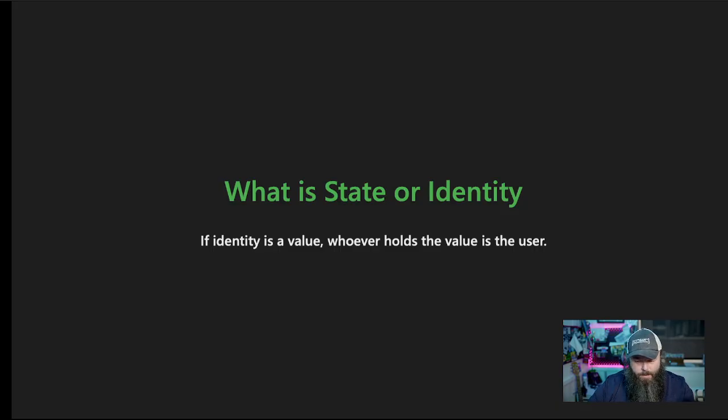It is somehow proof that you are an identity. It could be a password, right? But generally we consider three things as far as proving authentication, and we use some subset of them. The first is something you know, something like a password.